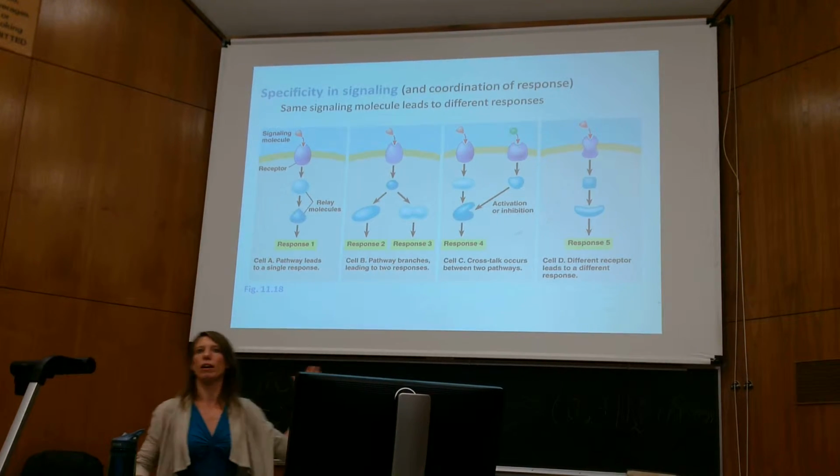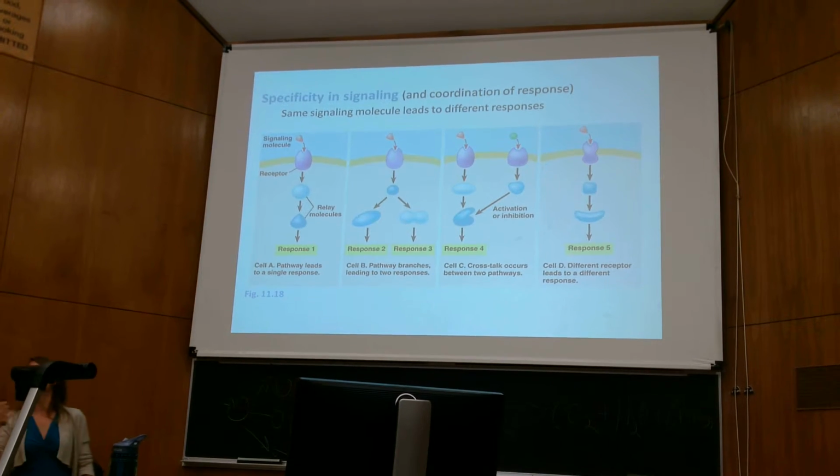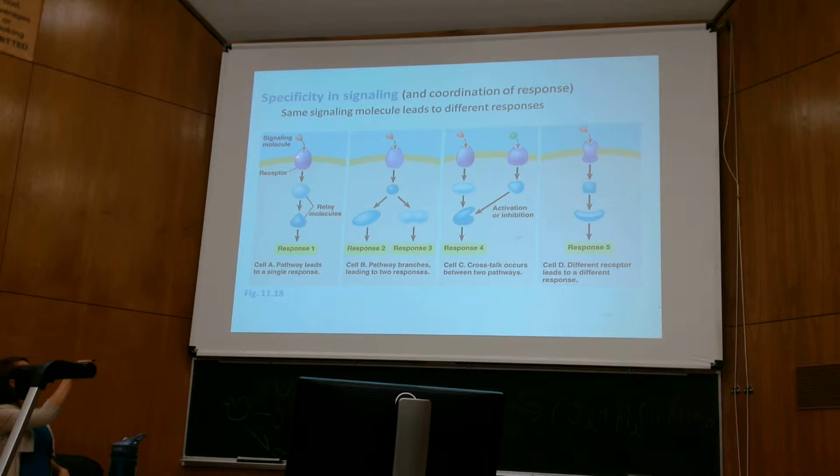Specificity and signaling. Okay, so let's consider this first one here, right? We have a simple receptor. It goes through, it activates relay molecules, and you get a response. Okay, in a different cell, right? So cells vary depending on their receptors, their protein receptors here. It might have the same protein receptor, but on the interior of the cell, the relay molecules might be different, right?